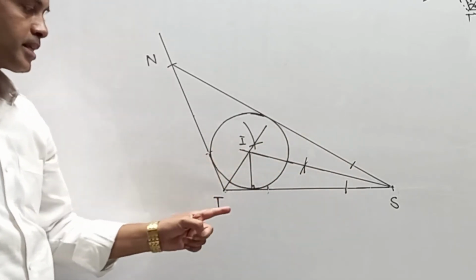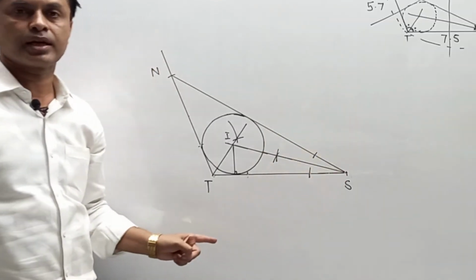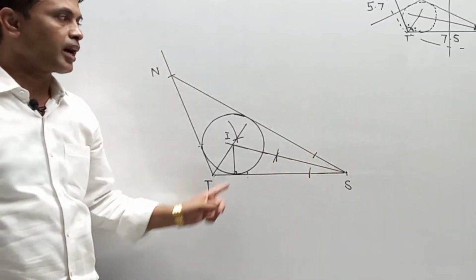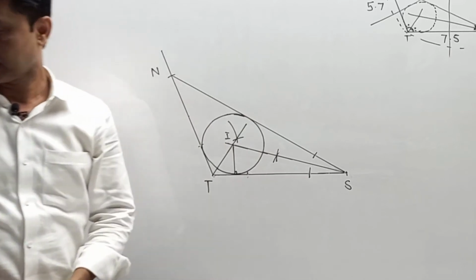Now the condition is we are also supposed to draw the circumcircle. In the case of a circumcircle, again we need a center for that part.